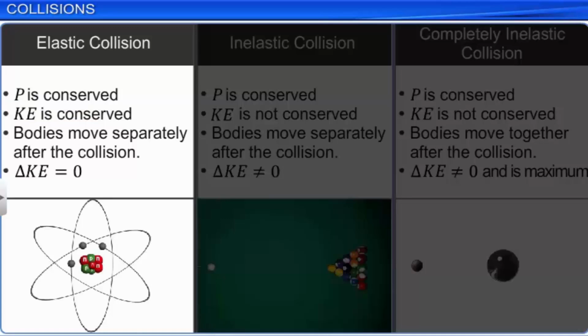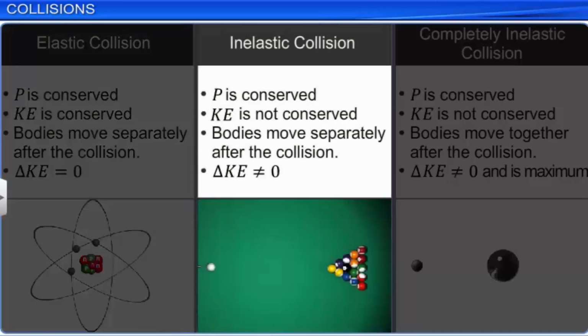In such a collision, the bodies move separately after the collision and the loss in kinetic energy, delta KE, is 0. This implies that there is no loss in kinetic energy. For example, the collision between subatomic particles is an elastic collision.